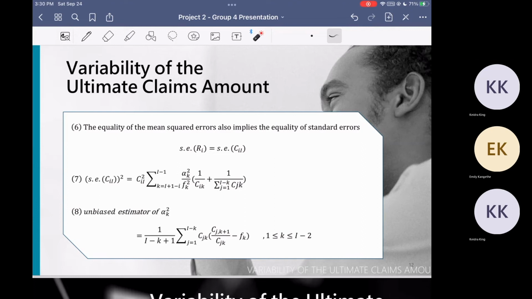So the standard error of the claims reserve equals the standard error of CI matured I. The standard error of CI matured I squared is CI matured I squared times the summation of the unbiased estimator over the H-to-H factor multiplied by 1 over CIK plus 1 over the summation of CJK, where our unbiased estimator can be found as 1 over matured I minus k plus 1 times the summation of CJK times CJK plus 1 divided by CJK minus H factor, where k is between 1 and matured I minus 2.